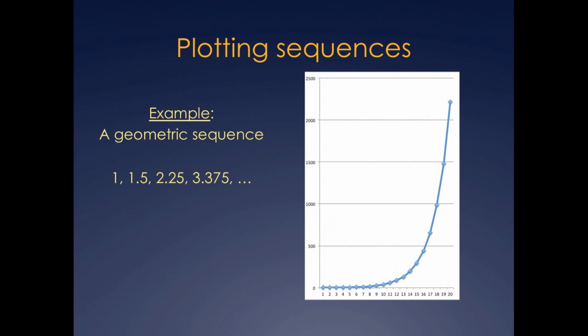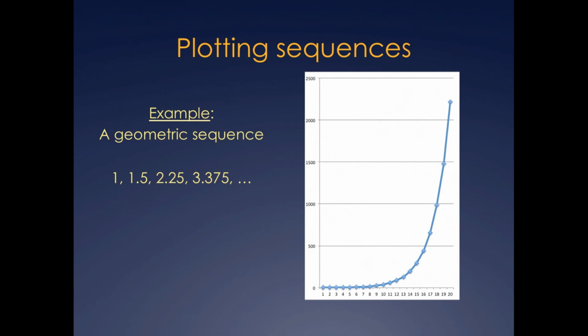Here's another example. Here I've plotted the terms of a geometric sequence starting with 1 and then using r equals 1.5, so I get 1.5 for my next term, then 2.25, 3.375. Now looking at the scale that I've chosen, and I've chosen a scale so that you can actually see what happens in the first 20 terms, you'll see that at the beginning it's indistinguishable from 0.